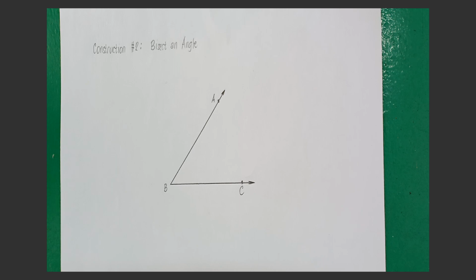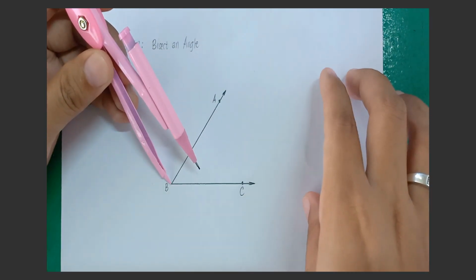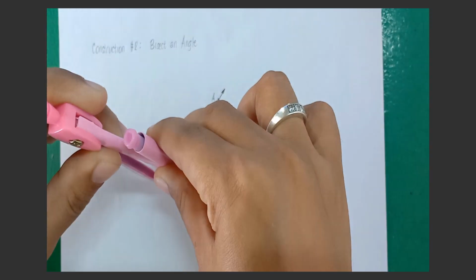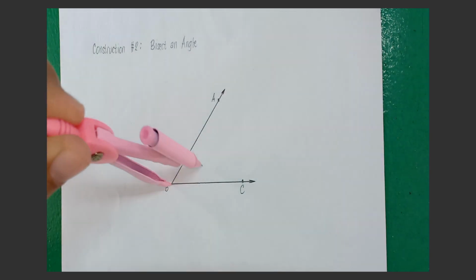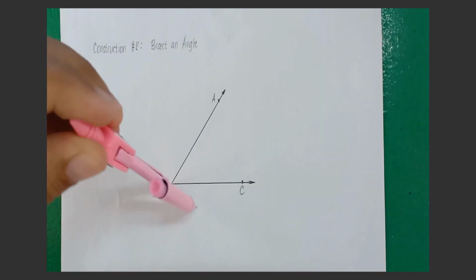Place the compass point on the angle's vertex B, and with a convenient compass opening, draw an arc that intersects BA at X and BC at Y. This is our vertex, and any compass opening is fine as long as it is convenient.